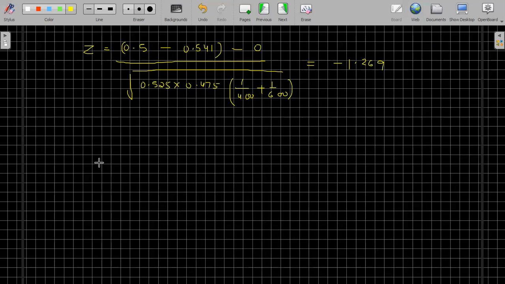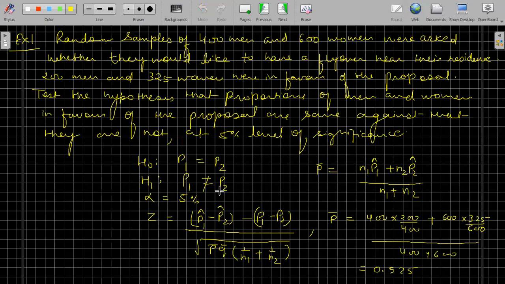Now we draw critical and acceptance region. Here we have Z equal to 0, and because we have two-tailed test, alpha is divided into two parts.